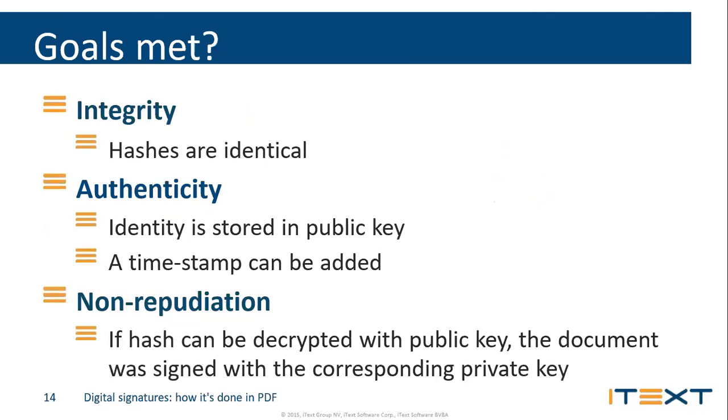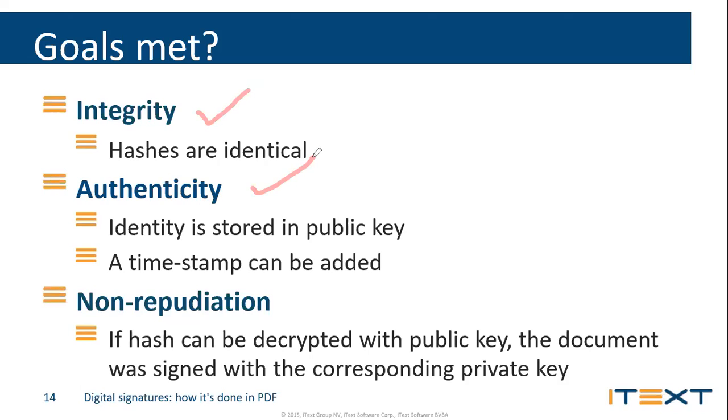What are the goals? Integrity: the hashes are identical. Then authenticity: the identity is stored in the public key. A timestamp can be added. Why? Suppose I have sent a document file with cryptography and put a timestamp of 2 days.